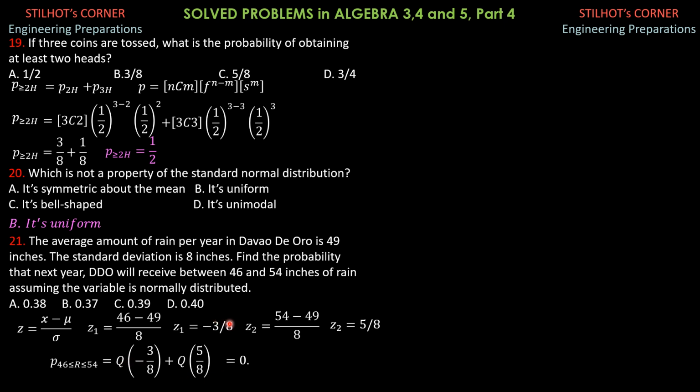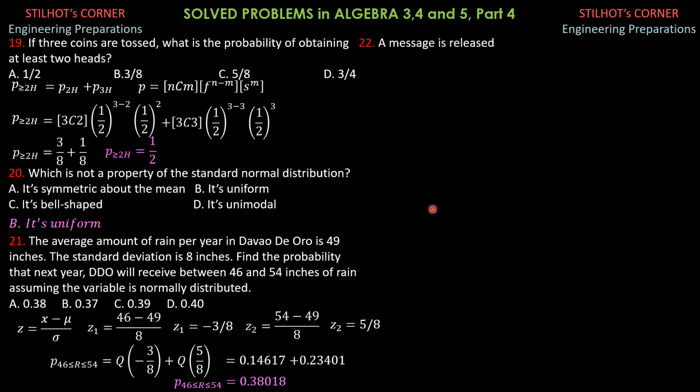Q of negative 3/8 using your calculator is 0.14617, while Q of 5/8 is 0.23401. Adding, it is equal to 0.38018, so rounded off to 0.38. So A.